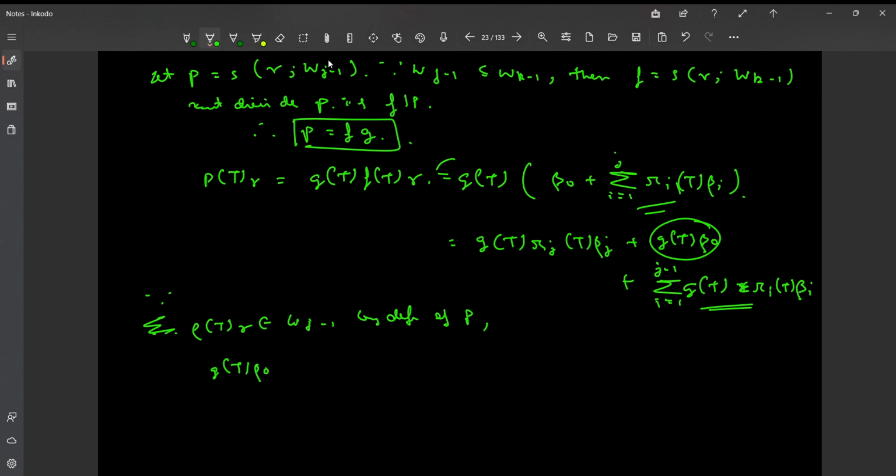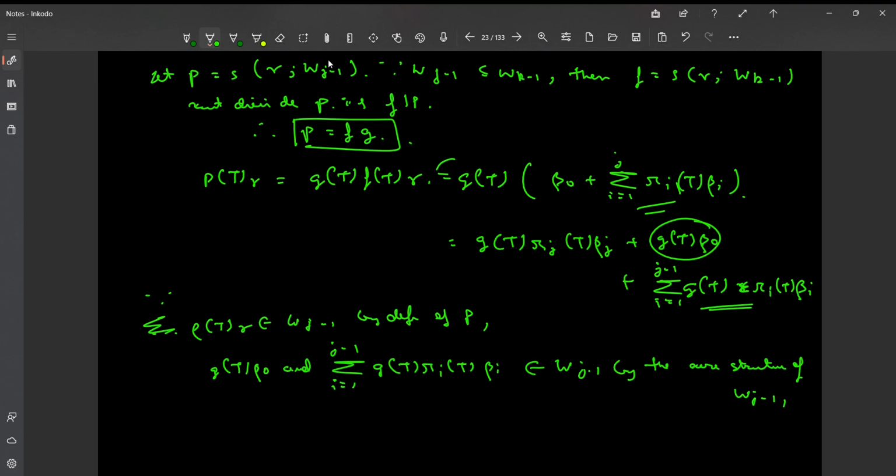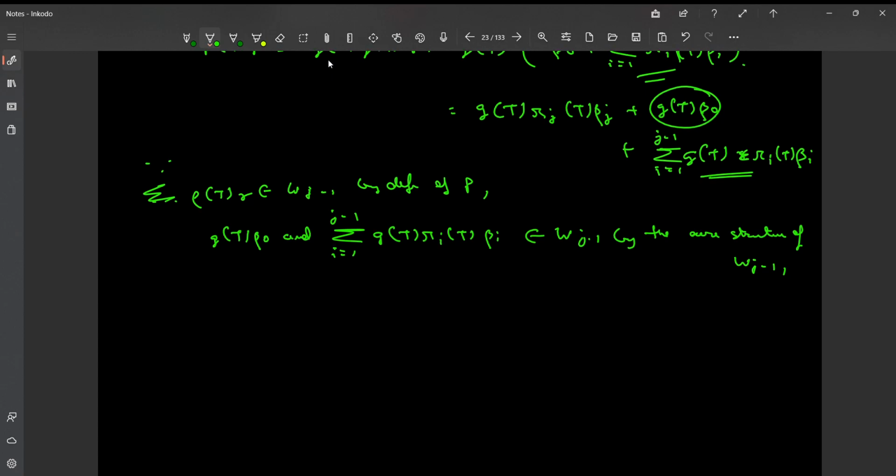g(T) beta naught and summation over i equals 1 to j minus 1 of g(T) ri(T) beta i, both are in Wj minus 1 by the mere structure of Wj minus 1 from step 1, because obviously we have chosen these vectors beta 1 to beta r such that they obey the property 1 and property 2 from step 1, right?